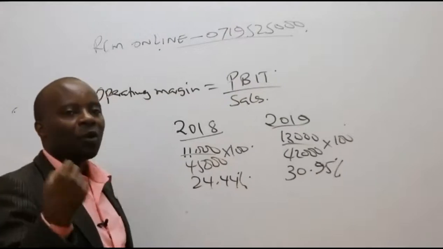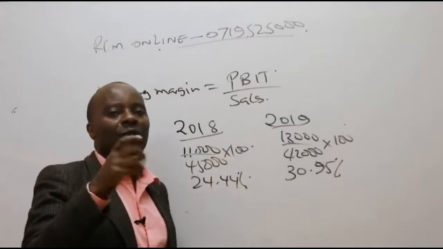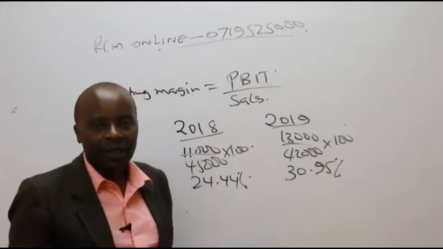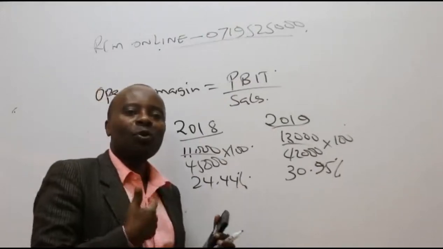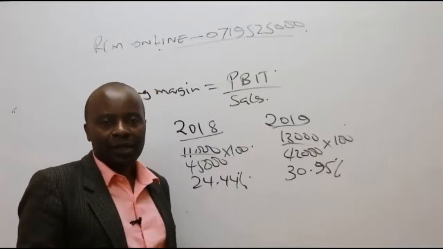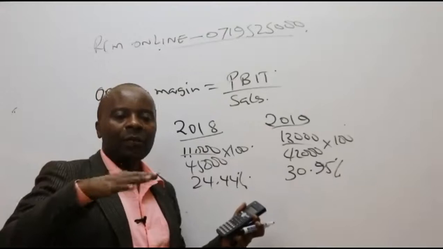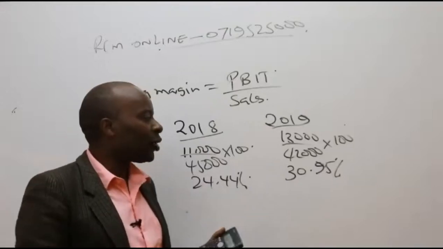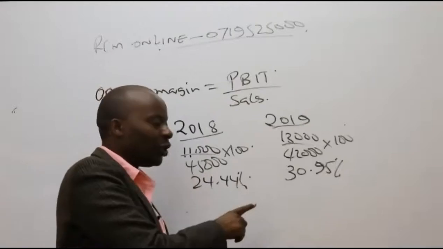Our gross profit in comparison to the sales, our GPM, was showing a bad thing, but we made improvements in terms of operating expenses. Because our operating expenses went down, our operating margin must have gone up.